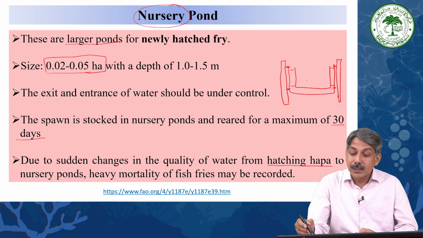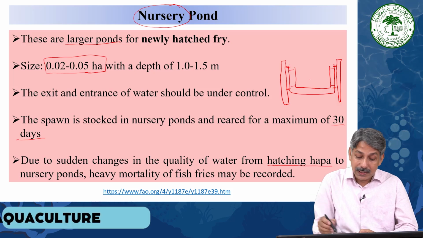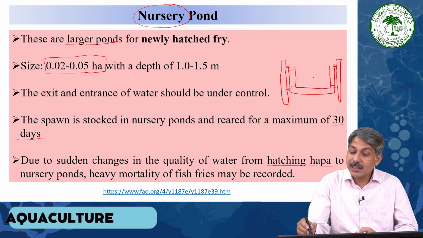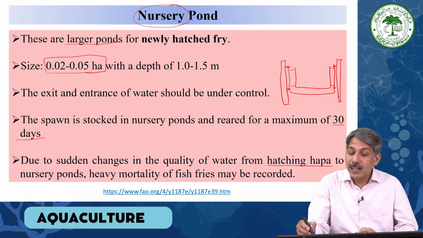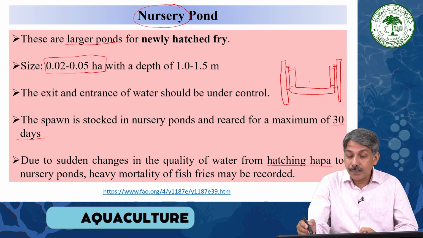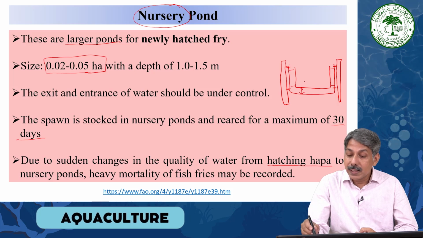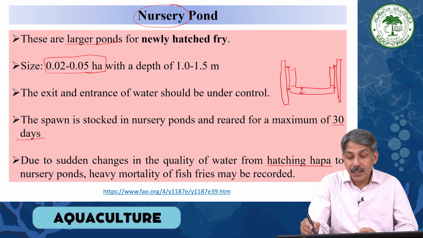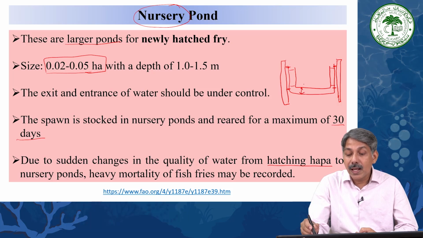So in this inner hapa, we put the fertilized eggs, and when they hatch out, the hatchlings go into the area between the inner hapa and outer hapa. The hatchlings move out into this space, and the debris remains, which can be taken out.